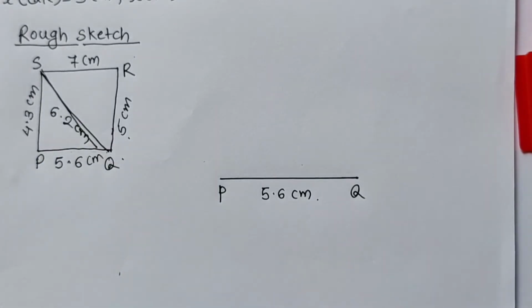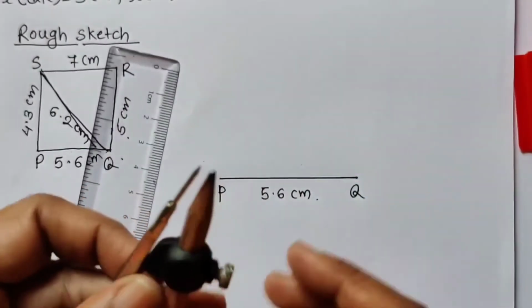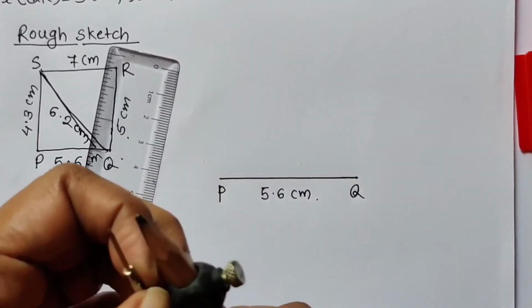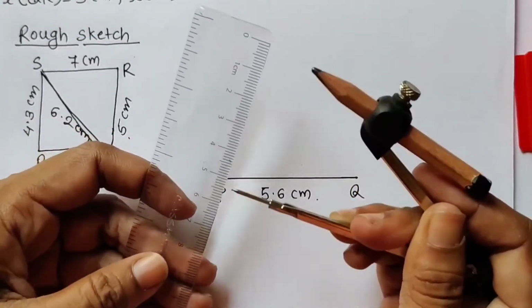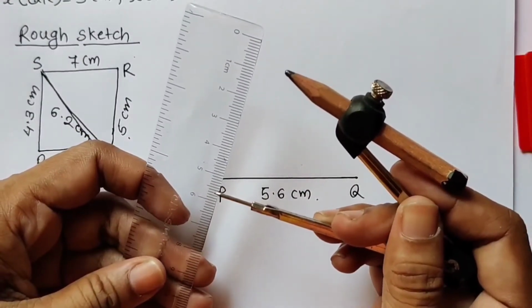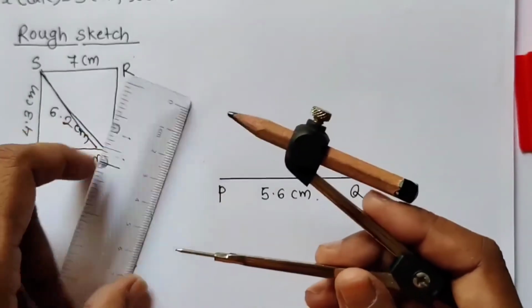For drawing these two sides, we have to use our compass. This is called a compass, and this is actually a compass. First we have to take QR as 5 centimeter.